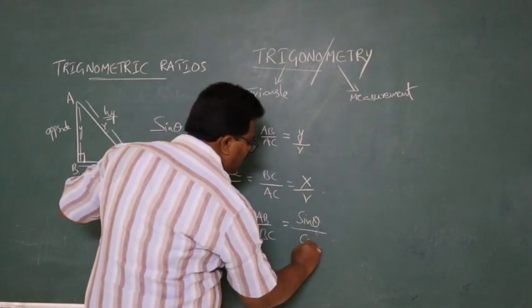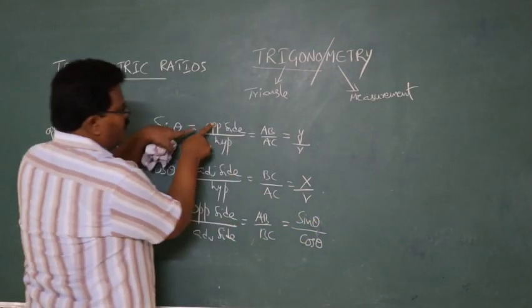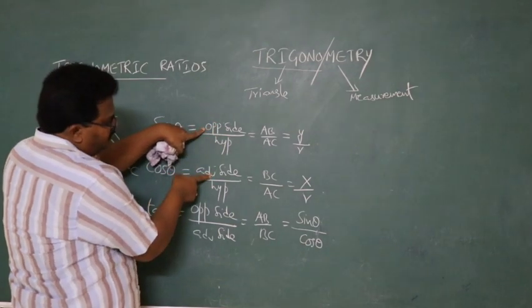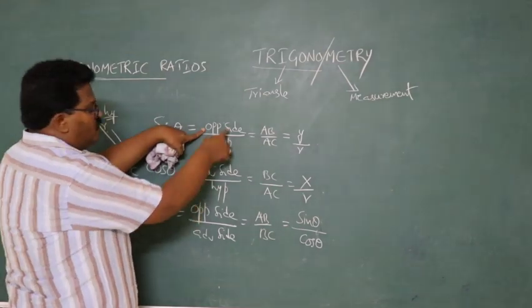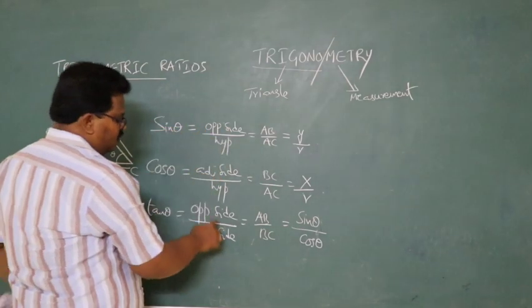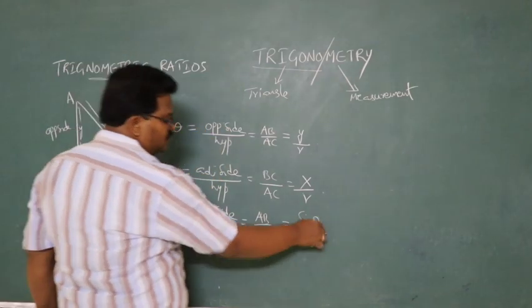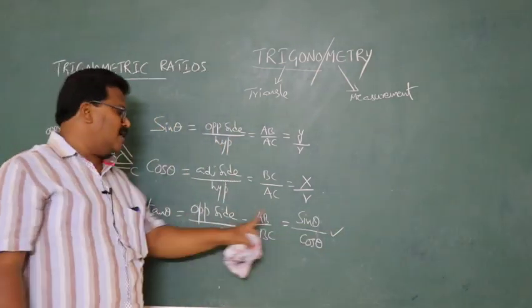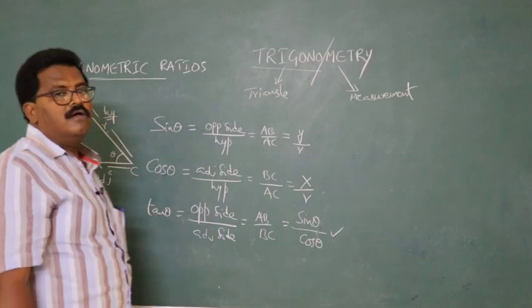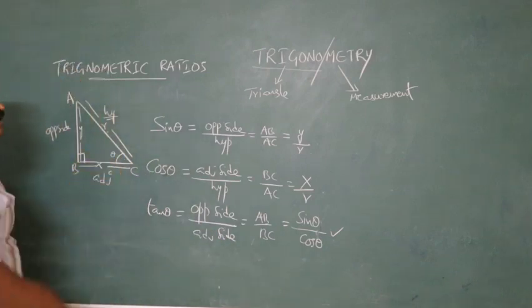Observe, opposite side by hypotenuse divided by adjacent side by hypotenuse, the hypotenuse gets cancelled, leaving opposite side by adjacent side. So we can express tan theta as sin theta by cos theta. These are the 3 ratios.